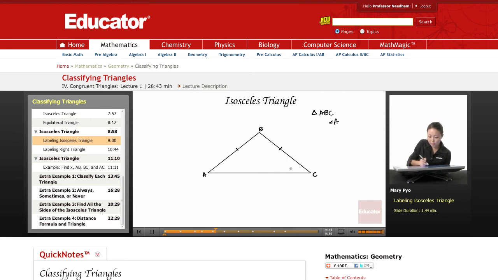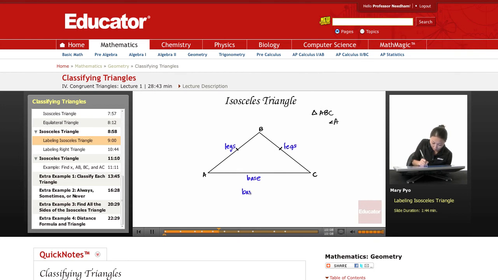So this right here, this side that's not congruent to the other 2 sides is called your base. These 2 sides that are congruent are called your legs. Now the two angles that are formed from the legs to the base are called base angles.